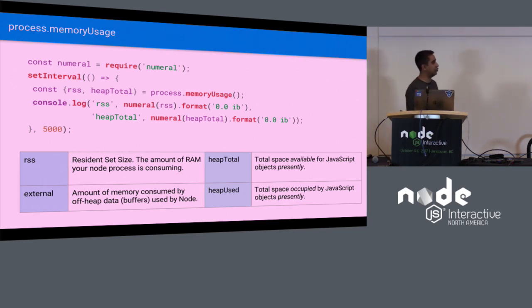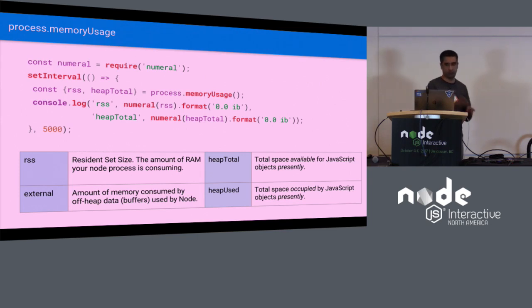So let me cover what this actually tells you. It tells you what the resident set size of your application is. The resident set size is how much RAM your application is consuming. This includes anything that V8 is using, anything that Node core itself is using. It includes anything that any other library that Node uses, or any other native module that's running as part of your application.